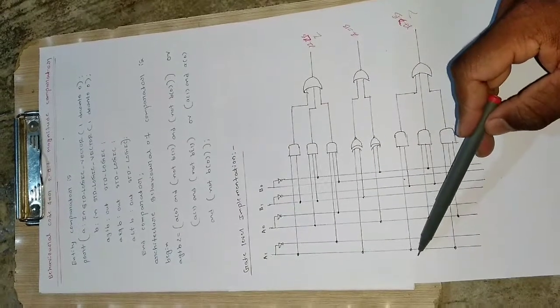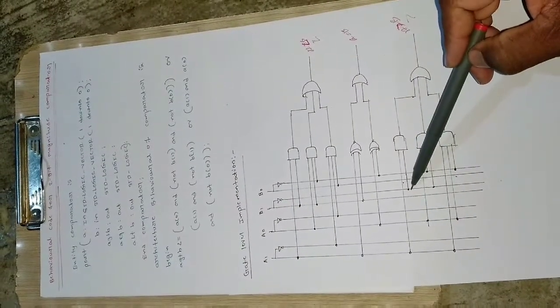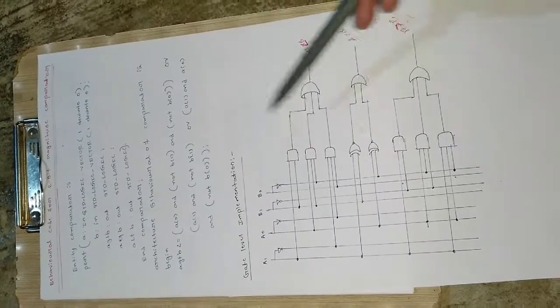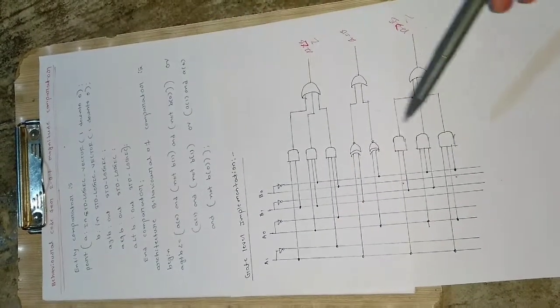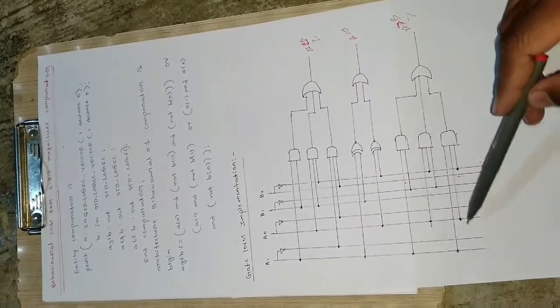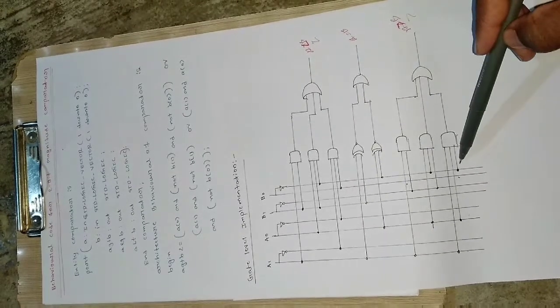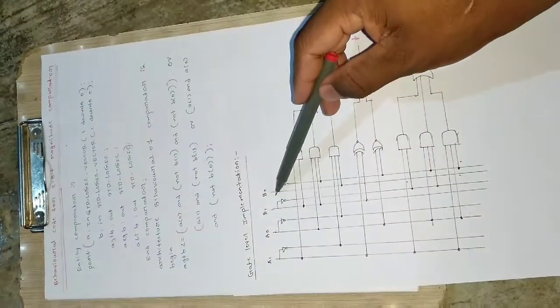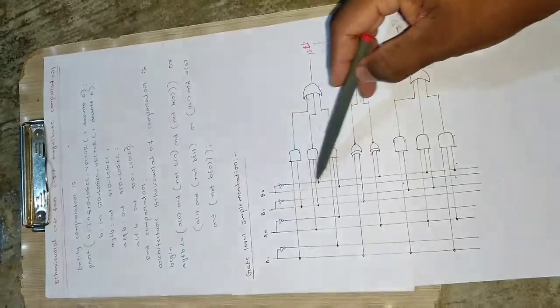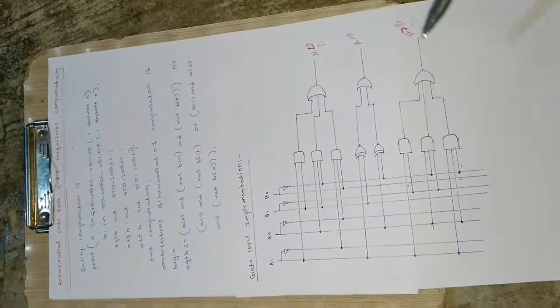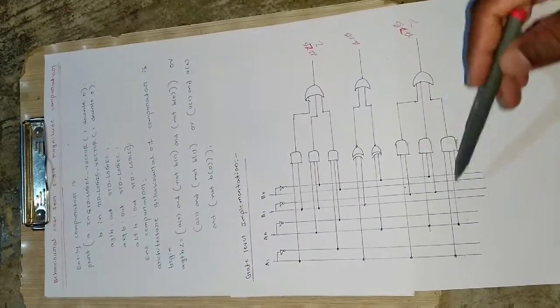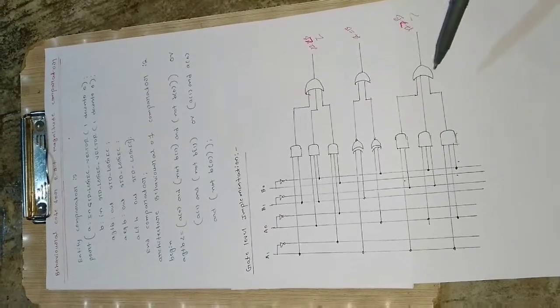So a of 1 is this one and not b of 1 is this one. So that is taken and ORed with a of 1, a of 0 and not b of 1. So this is b of 0 and that is passed through the NOT gate, and when these three add up together they will be giving a greater than b.